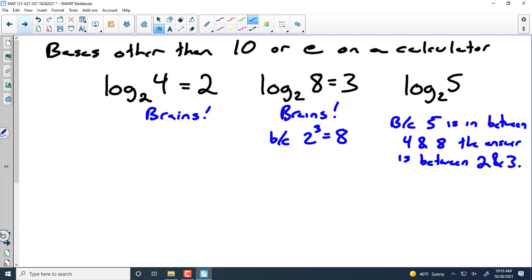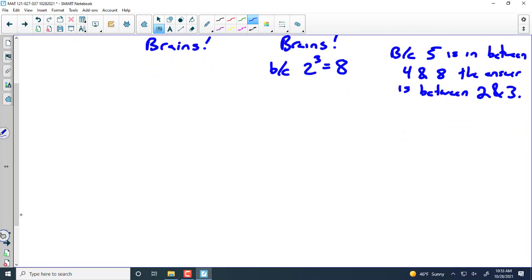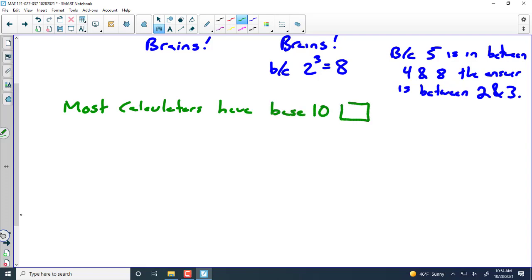And here's the problem, everyone. Most calculators, I'm not saying your calculator, because I've seen a couple that don't, have base 10, which is a button that looks like this, and base E, which is a button that looks like this.